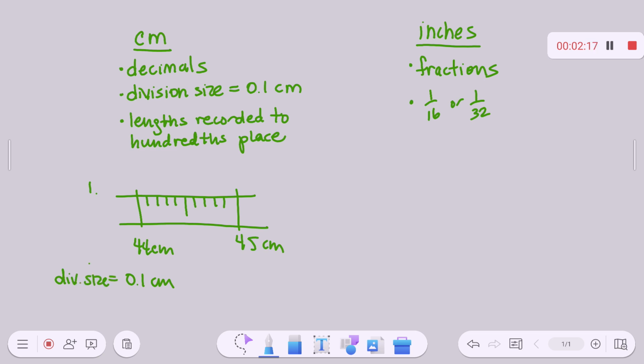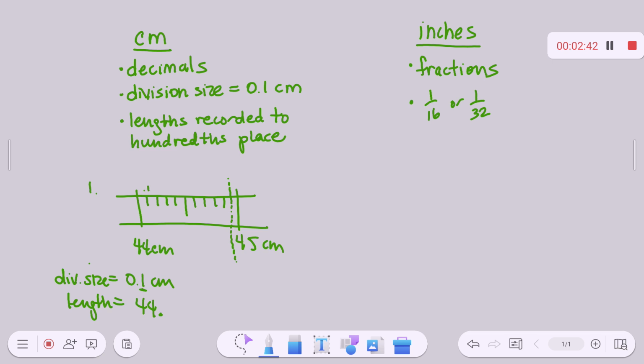Okay, so that means your length has to go how many places past the decimal? 2. Because your division size goes 1 place past the decimal, you have to go 1 more. Okay, you're falling in between the last division and the 45. So that means your length would be 44 point what? 95.